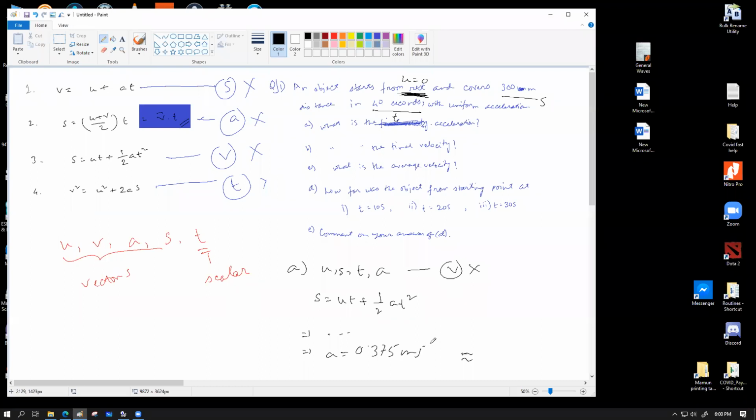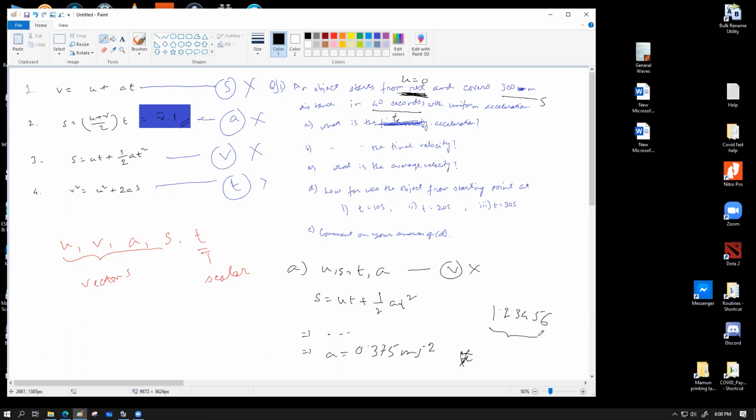Yes, sir. So since this number is already a 3SF value, we don't have to bother about this. But if this number was a long fraction, let's say something like 1.23456, এরকম একটা নাম্বার মনে করো আমাদের ক্যালকুলেশন করার পর আসছে, I'm gonna use this number up to at least 3 or 4 decimal places for my further calculation.